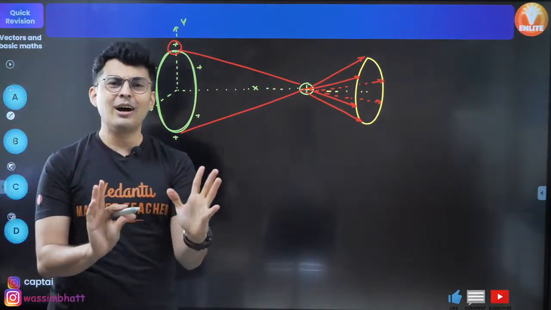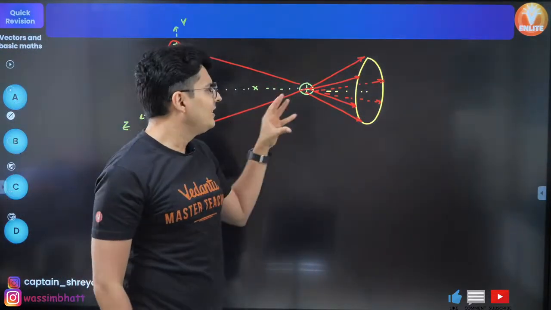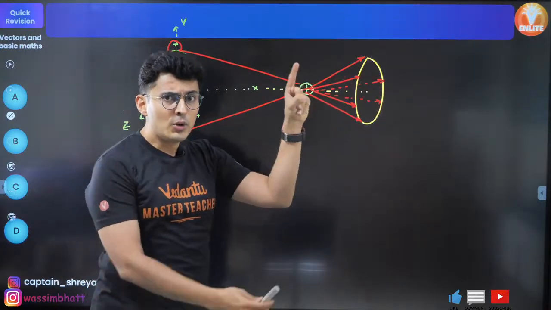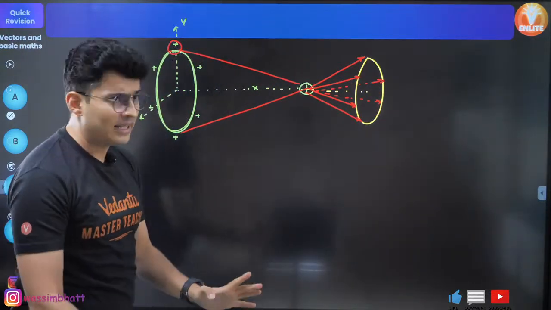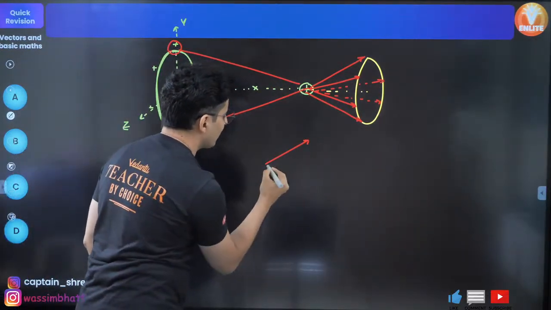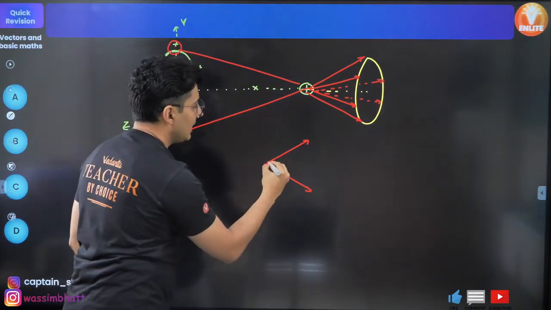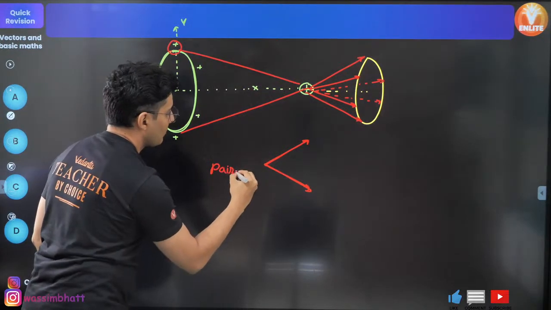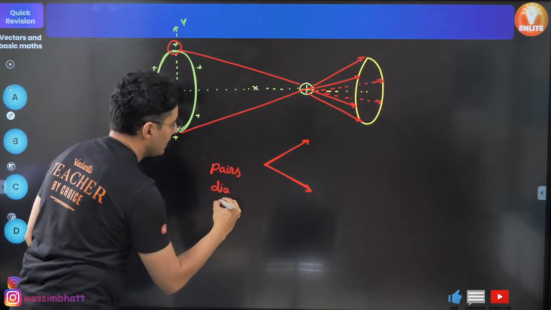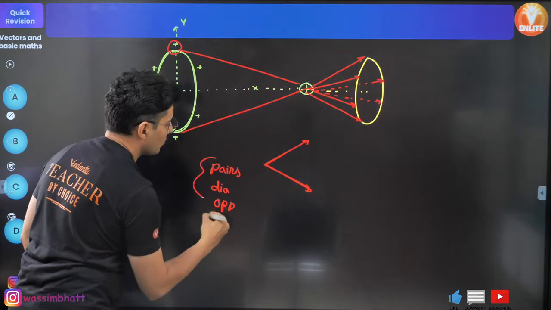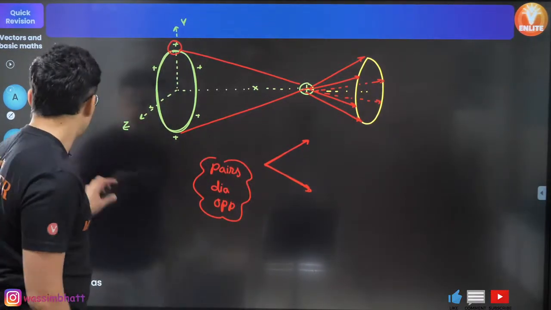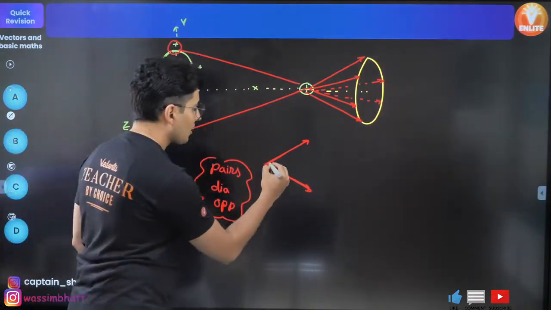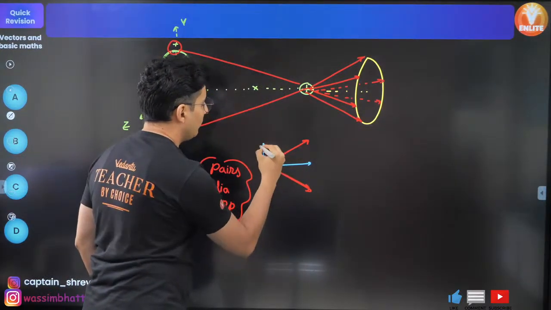Now, do you realize these forces, you can take it in pairs. Take pairs. One force here, one force here. Take pairs diametrically opposite. These are pairs which are diametrically opposite. So these are the pairs of forces. Each force will have two components. One component here, one component here.